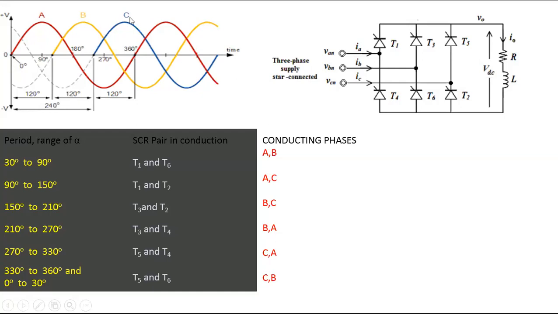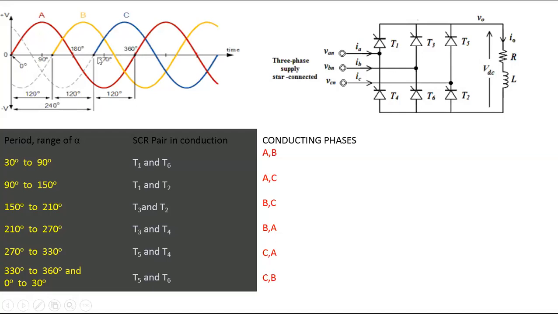The positive cycle, C. Very good. So the direction of the current starts from the point C. C is made more positive. So it flows from C to which SCR? C is connected to T5. Very good. Therefore, current flows from C to T5, T5 to the load.